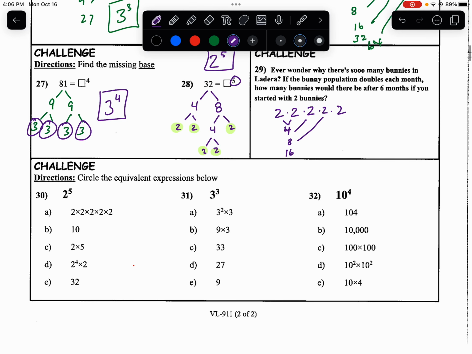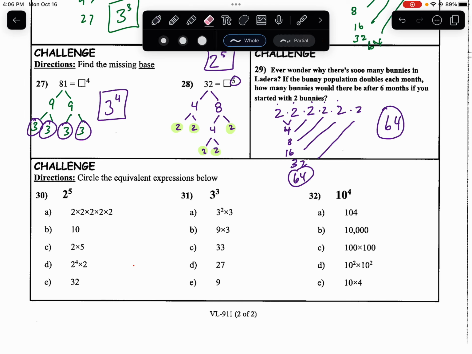So 2, 4, 8, 16, that is going to get us 32. And then month 1, month 2, month 3, month 4, month 5, and then we have to do month 6, which gets us 64. So we would have 64 bunnies by month 6. So first you start with 2, then it doubles every time.